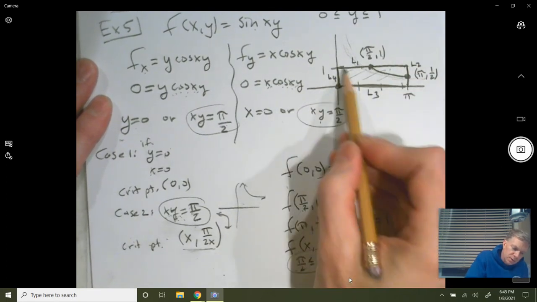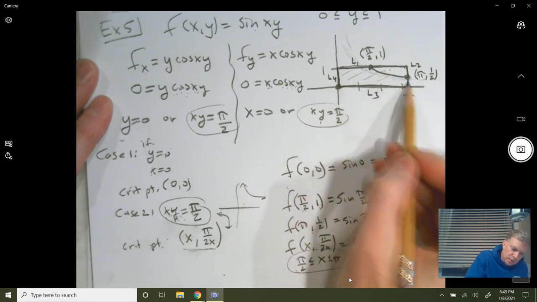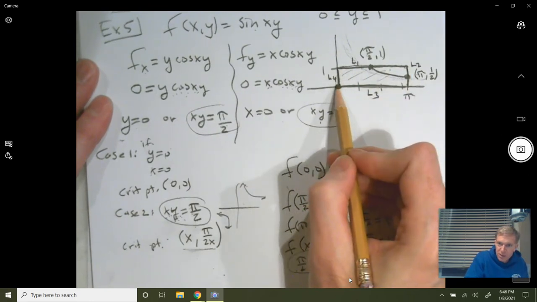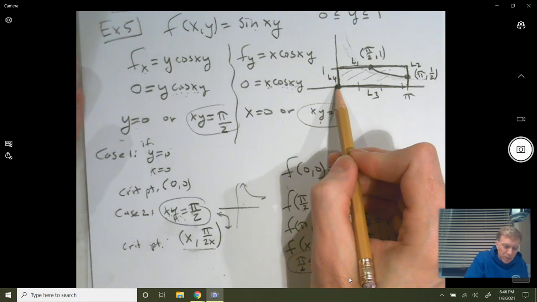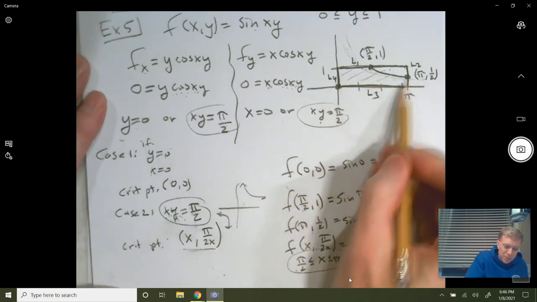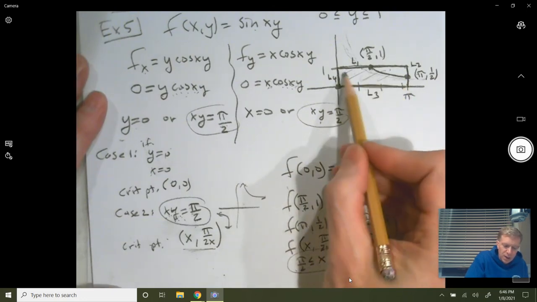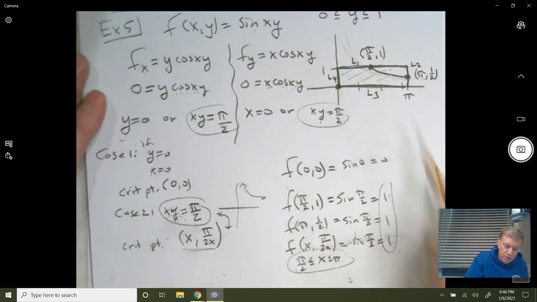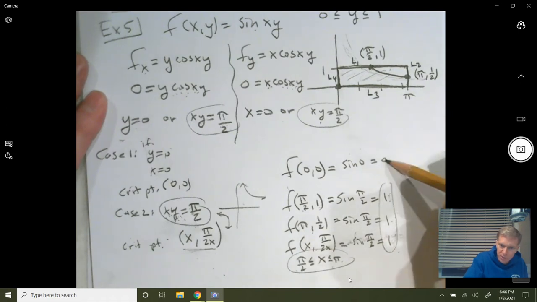Okay, so we have tests along here, along here, along here, and along here, to find out if our function, when we plug in any point on this region, gives a value that's bigger than 1 or smaller than 0, because right now these are the values that are winning. 1 is winning for the max, 0 is winning for the min.